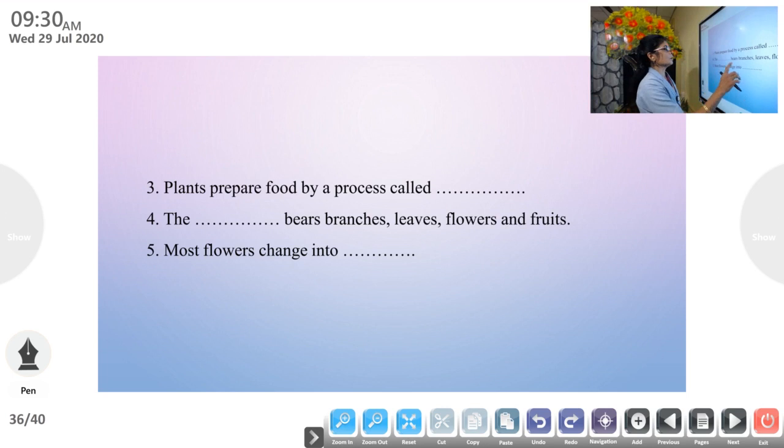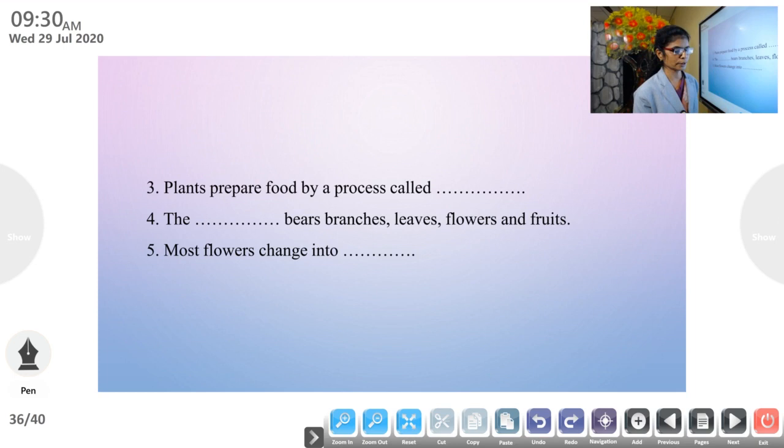The dash bears branches, leaves, flowers and fruits. The dash, stem or root? Yes, stem. Most flowers change into fruit.